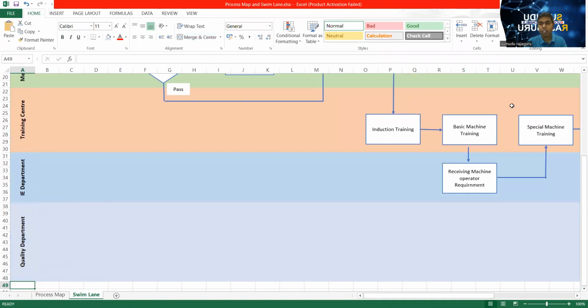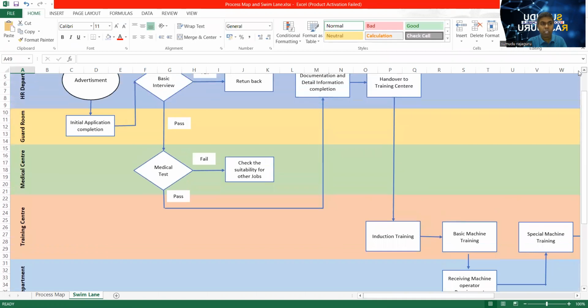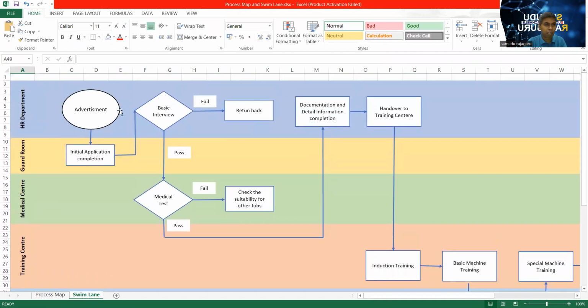Those are the responsible departments. Now, the advertisement is the responsibility of the HR department. We use the same symbol, but we have to place that process step under the HR department. Then initial application completion is the responsibility of the guard room.